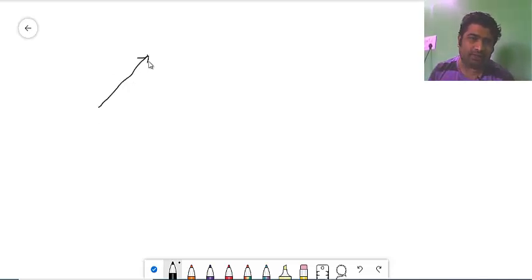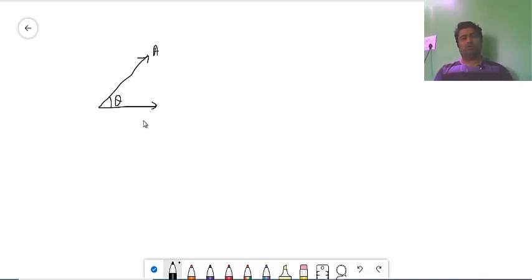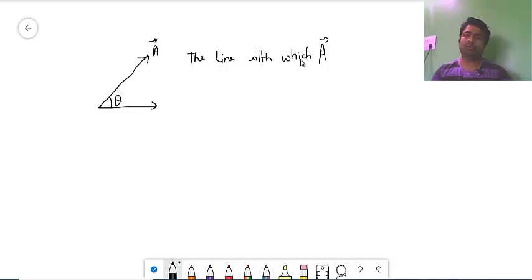So for example, if there is a vector and if there is theta. Now remember one thing: the line with which a vector makes angle theta becomes A cos theta.